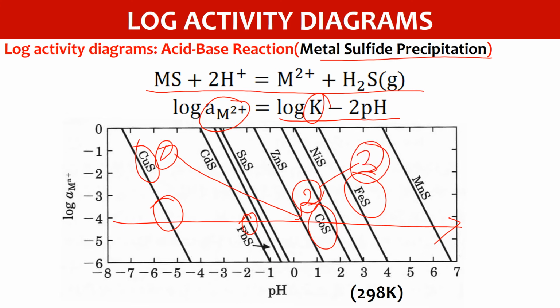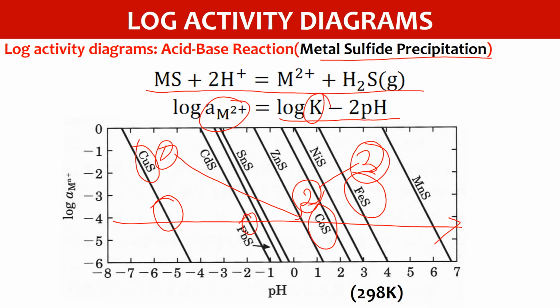So you want sequential precipitation so that you collect these precipitates at different stages and separately. This is the importance of these log activity diagrams for a metallurgist when you're designing a process. This is your first port of call when you're trying to design a process.